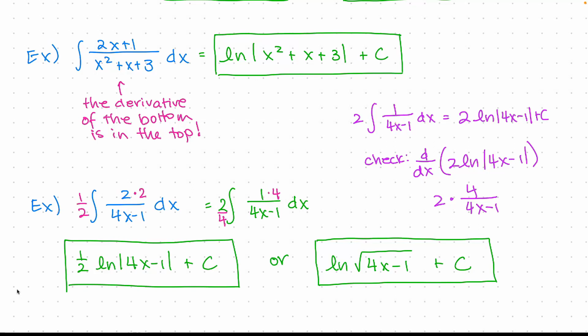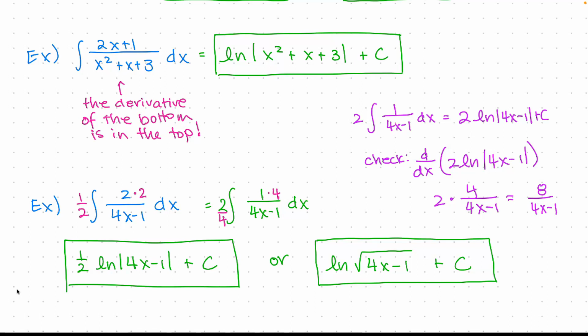It's not quite the same. It's close, but not quite the same. This is equal to 8 over 4x minus 1. But we only wanted 2 over 4x minus 1. So that 4 really is throwing us off. We need to put that 4 in there.